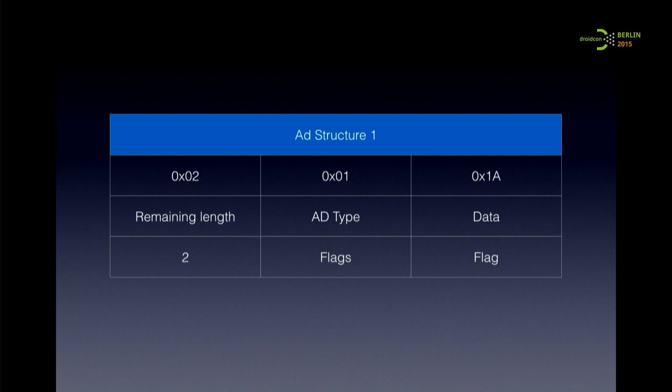The second byte identifies the advertisement data type, and the next one indicates some flags that contain 5 flags, and each flag is tagged with 1 or 0, and all these 5 bits are shown as a byte in advertisement structure 1.